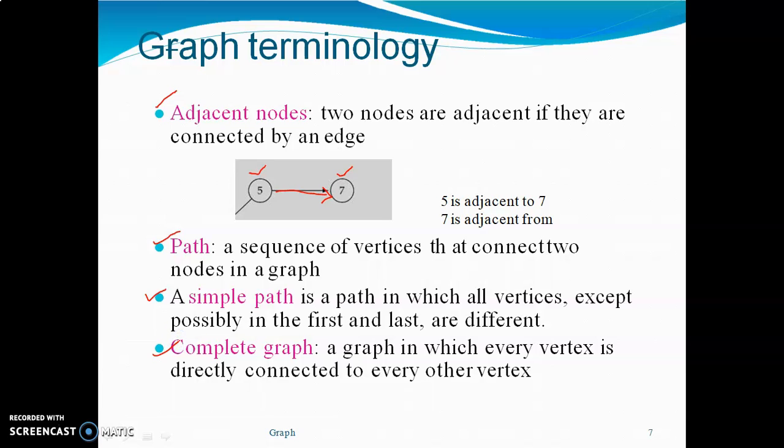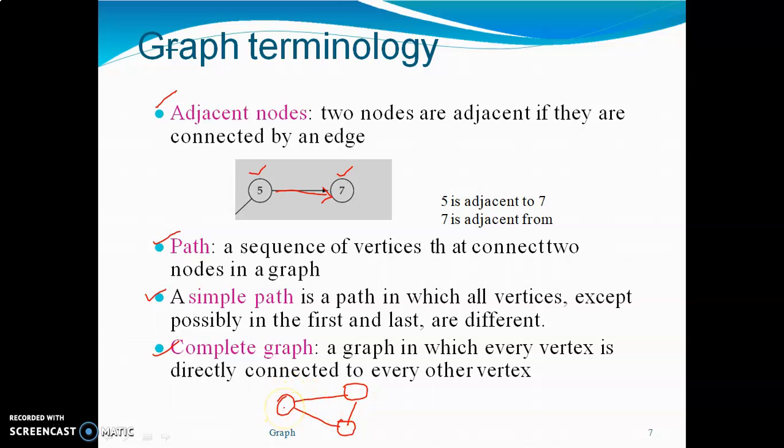The complete graph is one in which every vertex is directly connected to every other vertex. Whenever two vertices are connected to each other directly, that is called a complete graph, and all the vertices of the graph must be connected directly with each other. Like these three vertices: first vertex to second, second to third.